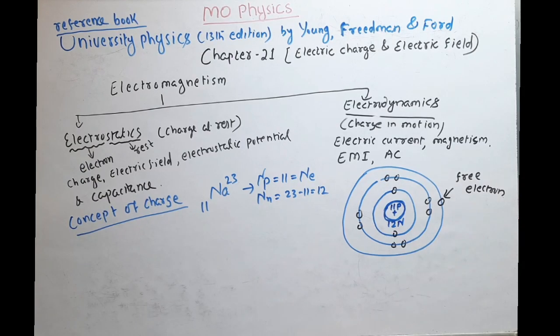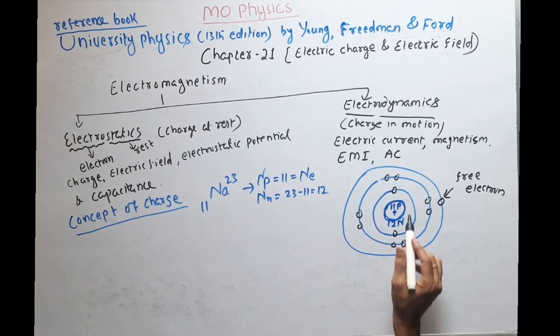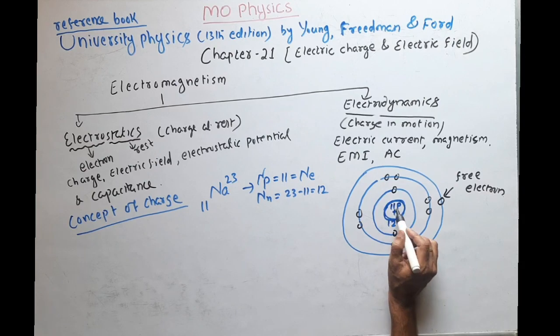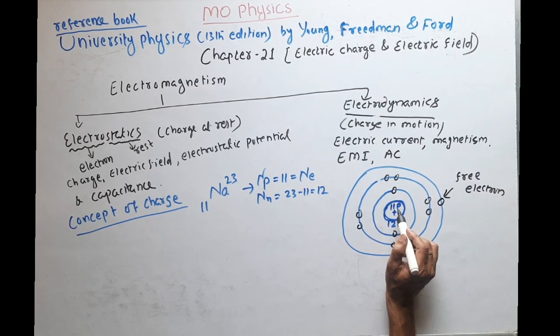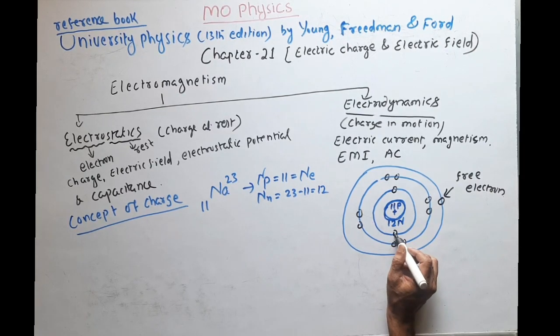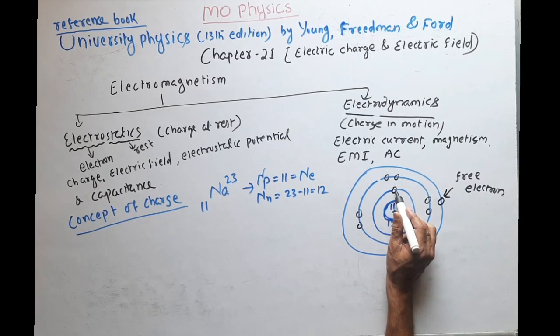Why is it called a free electron? Just take an example. Suppose this is your parent, father and mother. When you are in play school, it is near the parent, so the force of attraction between parent and you is very large, and you are more stable.